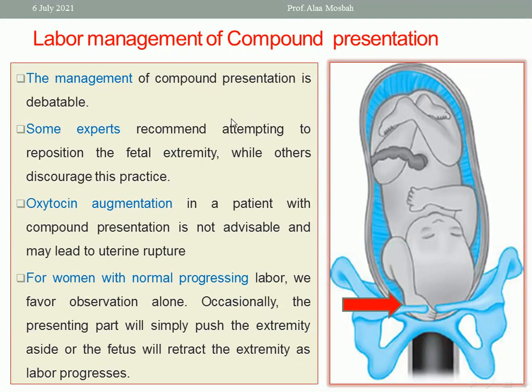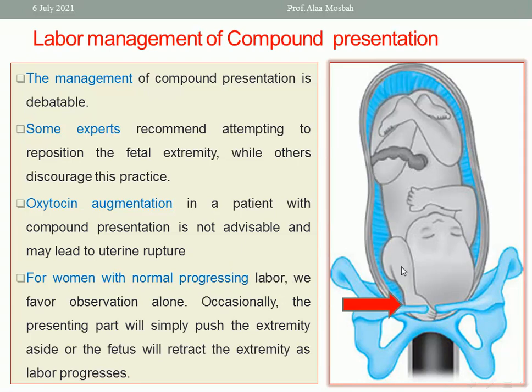What about the management of compound presentation? There is debate about the management because some experts recommend attempting to reposition the fetal extremity while others discourage this practice. Some believe that we can reposition this arm away from the vertex, upward, while the uterus is relaxed, not contracted, okay?